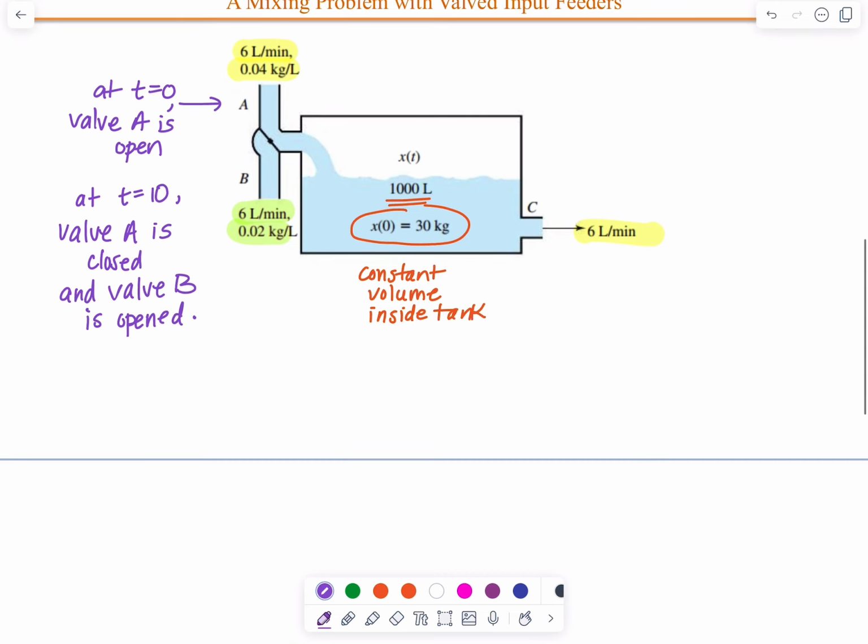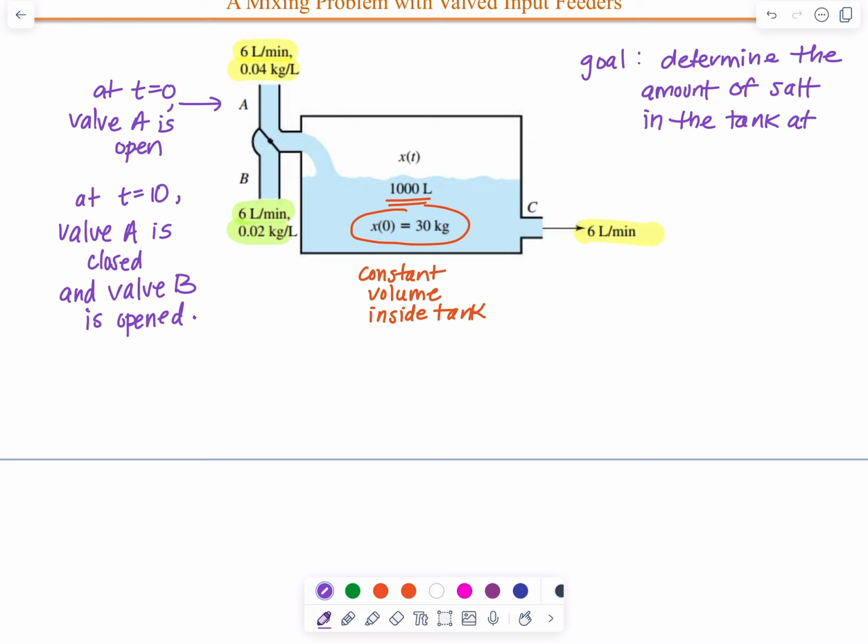So our goal is to determine the amount of salt, mass of salt, in the tank at any time t.